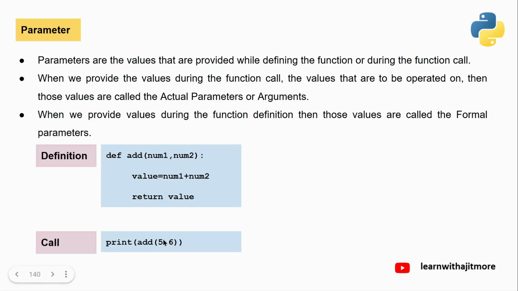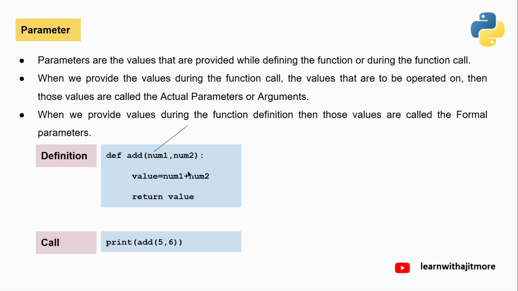So now num1 will collect 5 value, num2 will collect 6, 5 plus 6 is 11, और फिर वो हम return कर रहे हैं. Whatever is returned will come here, and that 11 we are giving to print, and print will display that 11 on the monitor.